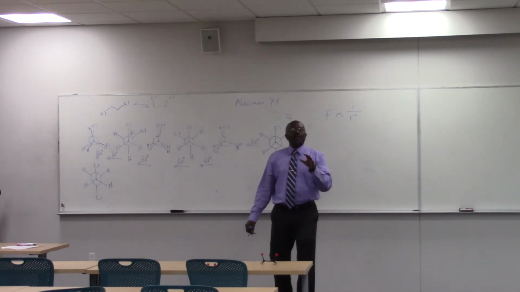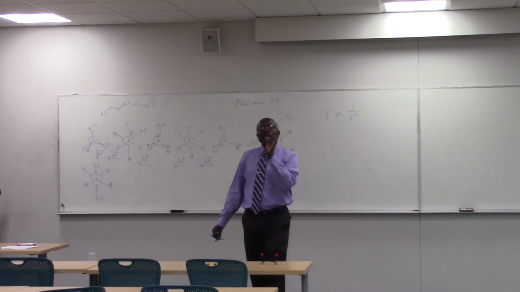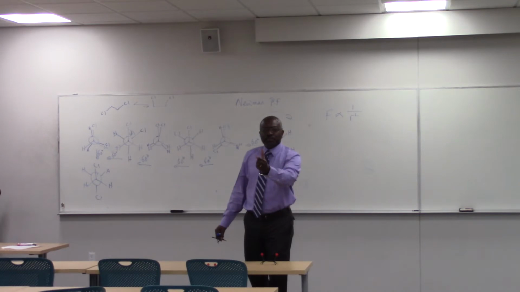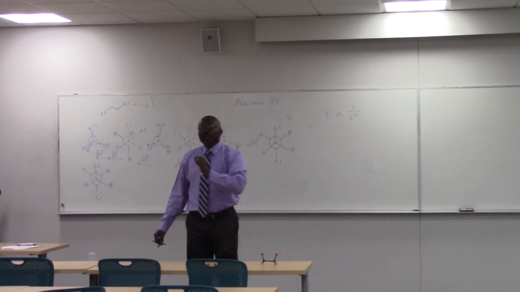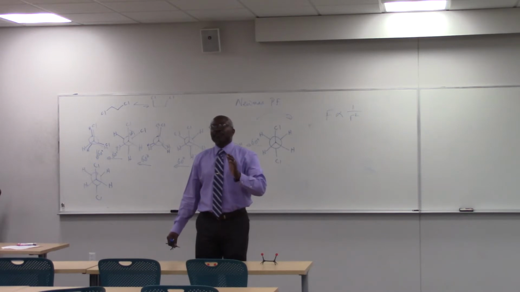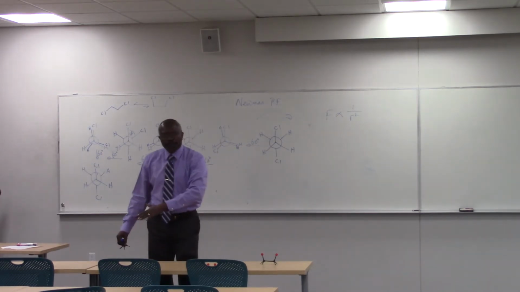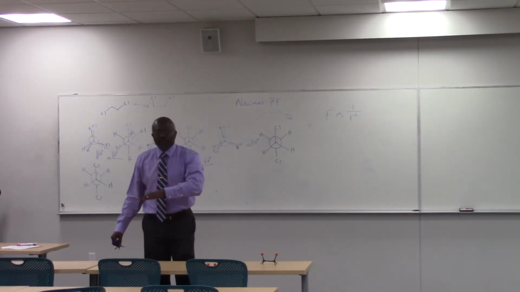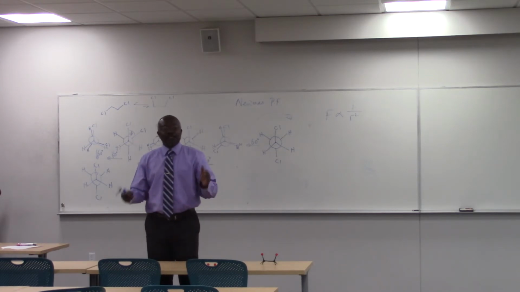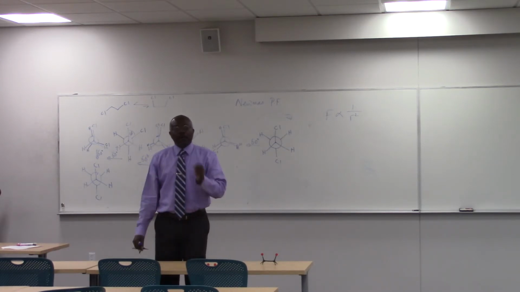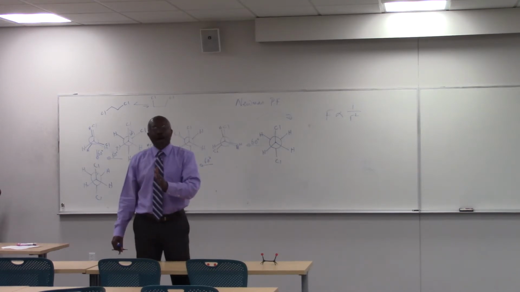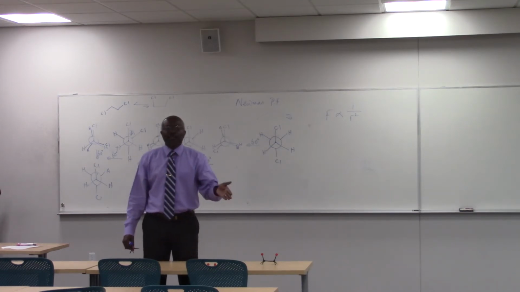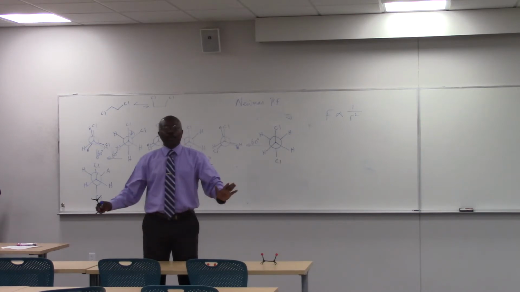So the system in which the inter-electronic distance is large means the inter-electronic repulsion is low. And when we minimize repulsion, we increase stability. So that's our ground rule: the eclipsed conformers are more energetic than the staggered conformers. Ground rule.